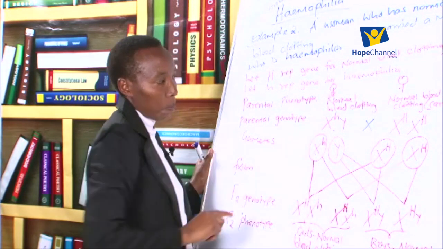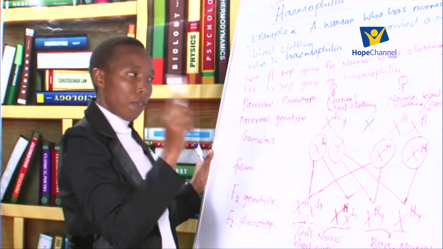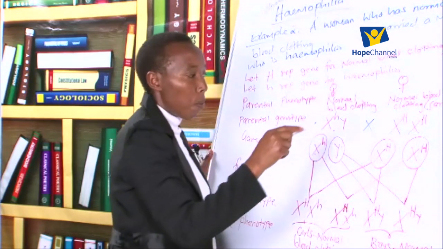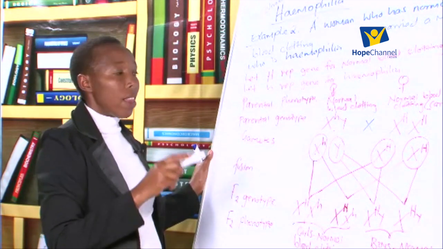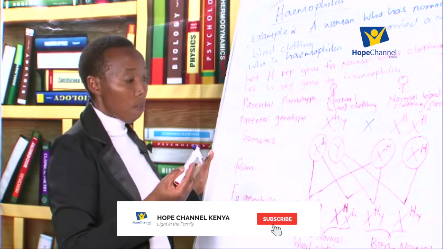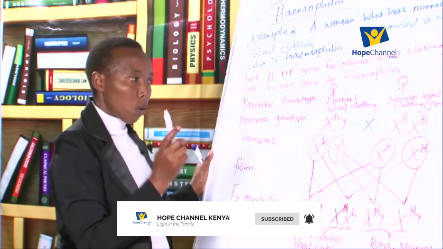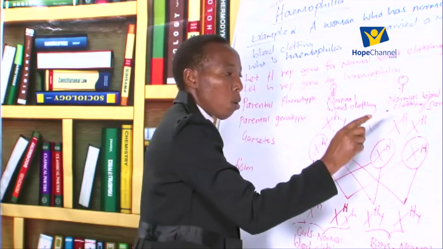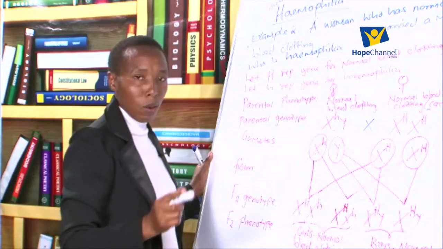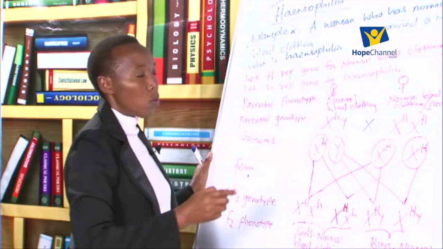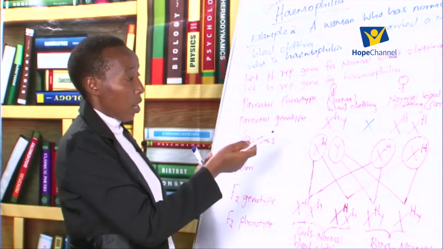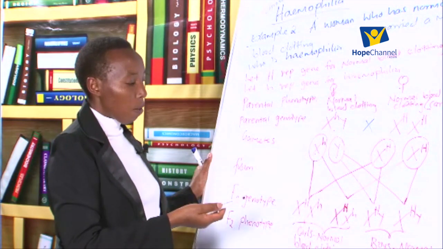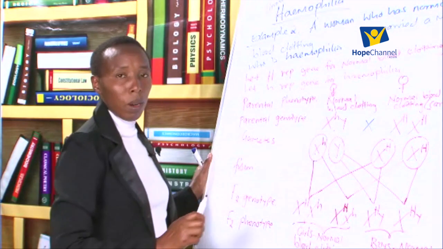Why do you think? It is because the female is normal homozygous. If the female could be normal heterozygous, then there are high chances that in that family they are going to have a child with hemophilia. But if the female is sure that she is having a normal blood clotting in homozygous condition, then that female can be married to any man, because whether the man has hemophilia or does not have, at least the children will be having a normal blood clotting.